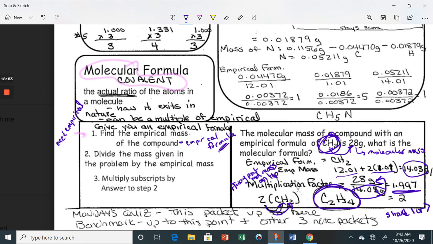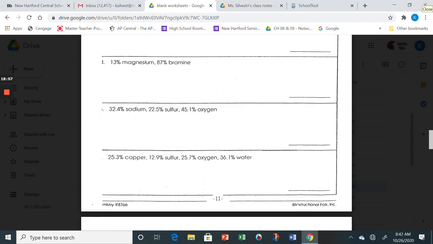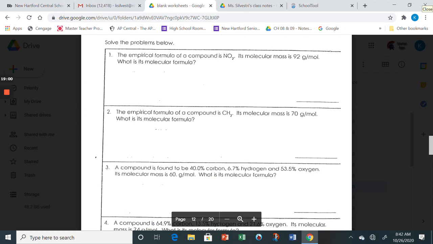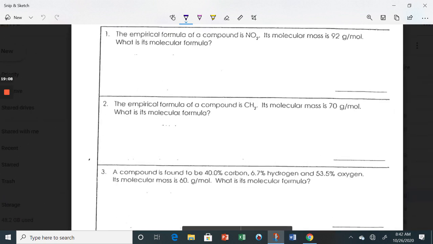Okay, so let me see if I have that open again. Here are my blank worksheets. Let's look at number 1 on this next one. I have an empirical formula of NO2 and its molecular mass is 92.